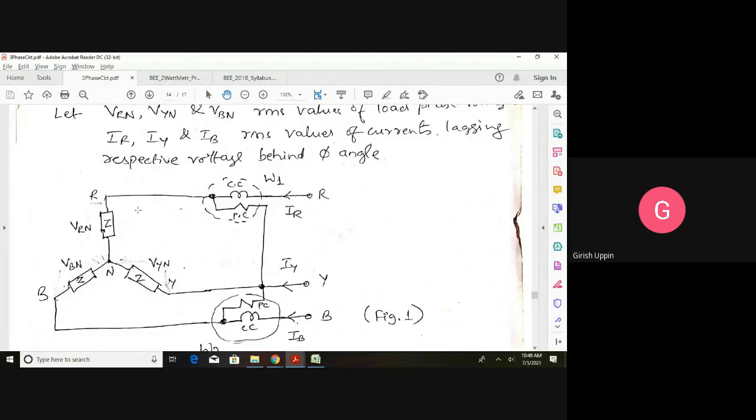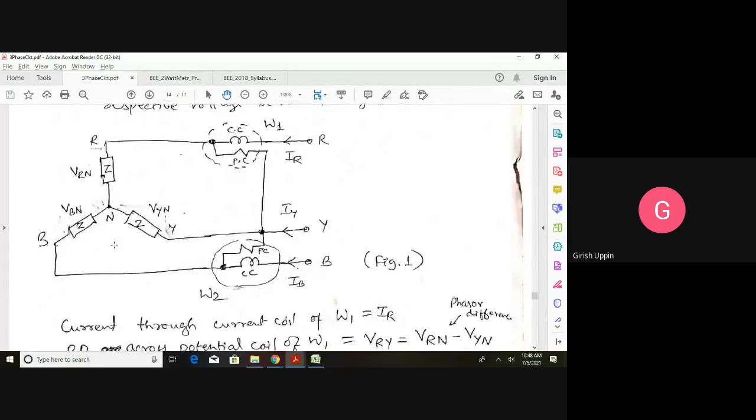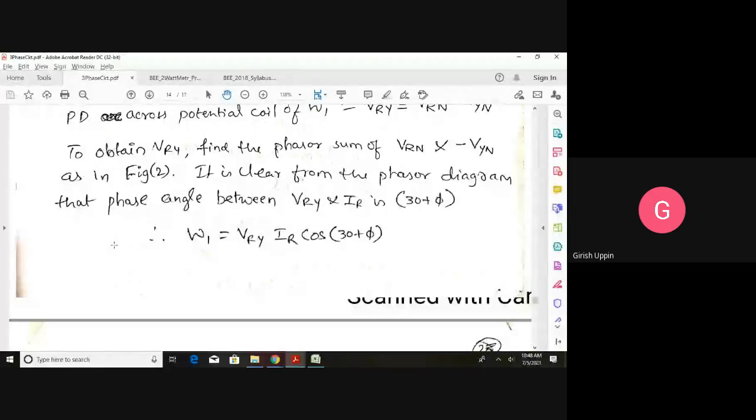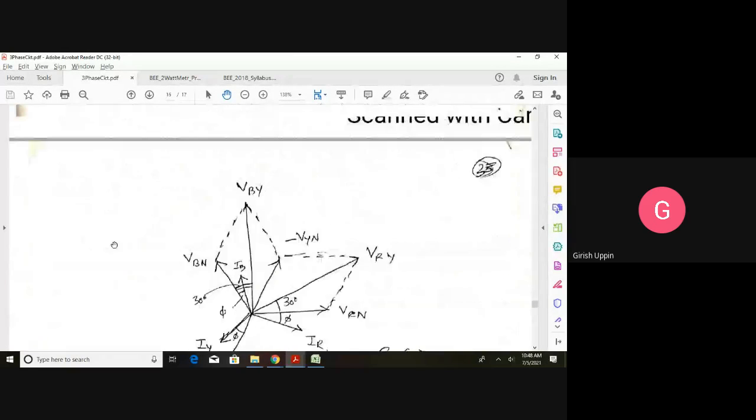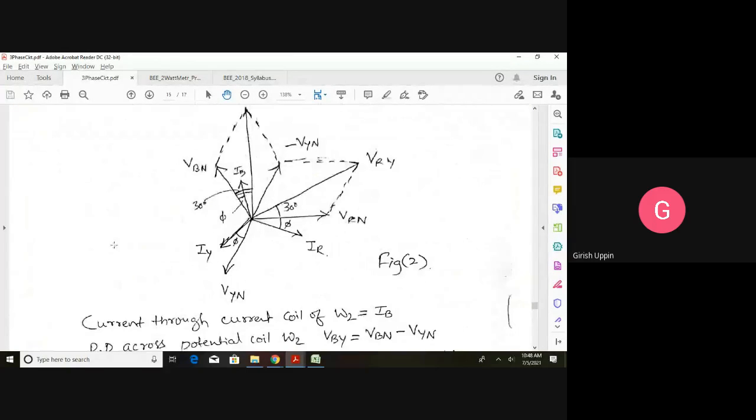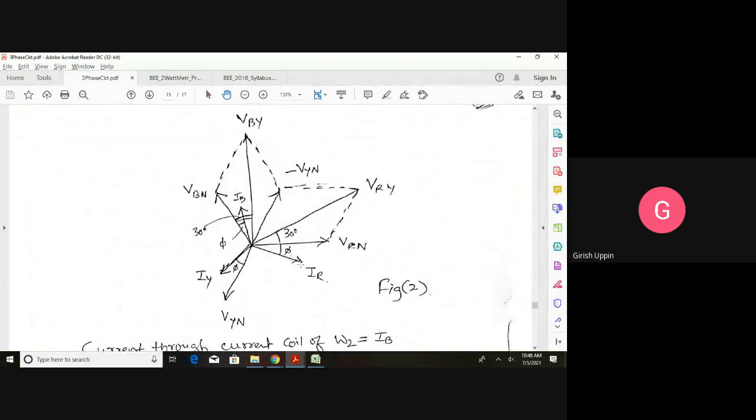Now the current that is flowing in this, we assume this as an RL load. In case of an RL load, the current lags the voltage by an angle phi. Now you can see this phasor diagram. IR is lagging VRN by an angle phi.